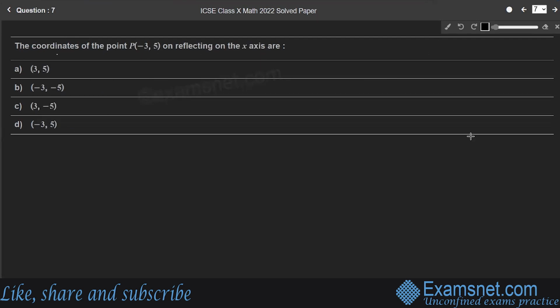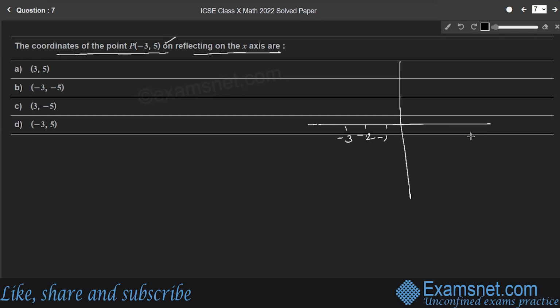Question 7. The coordinates of the point P minus 3, 5 on reflecting on the x-axis are. So let us consider the point P. Here the coordinates of point P are minus 3 and 5. Here the x coordinate is minus 3, so here 1, minus 1, minus 2 and minus 3.